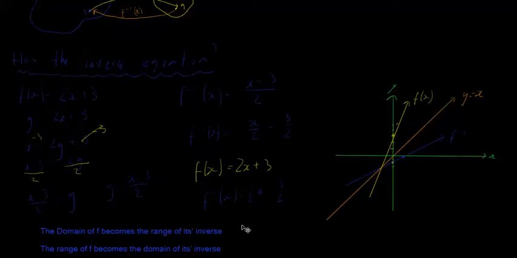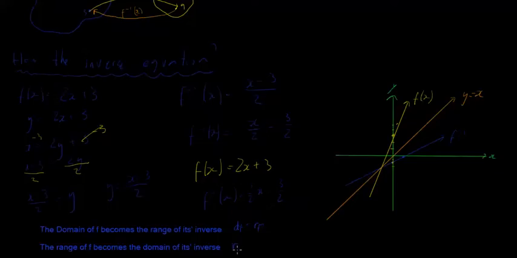Another way of saying the same thing is that the domain of f is equal to the range of the inverse, f of negative 1, and that the range of f is equal to the domain of its inverse.